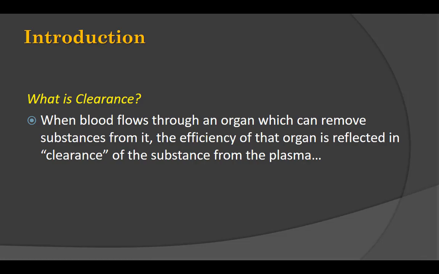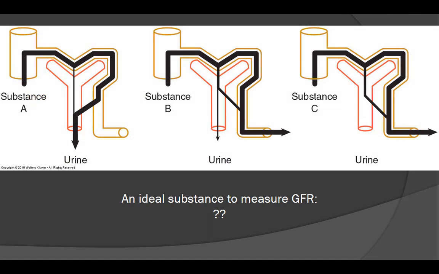So if I go back now to the same picture, you tell me which substance is cleared mostly. Which one, A, B or C, is cleared completely? A, right? When the blood entered the kidney, this substance was present in the blood.